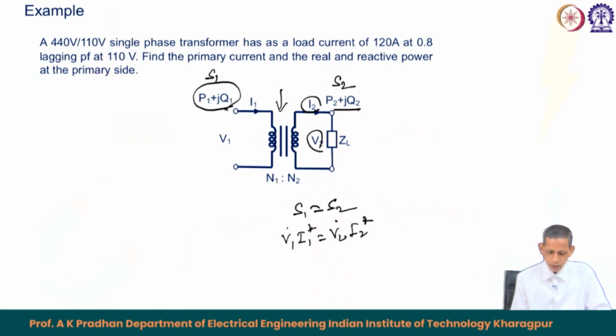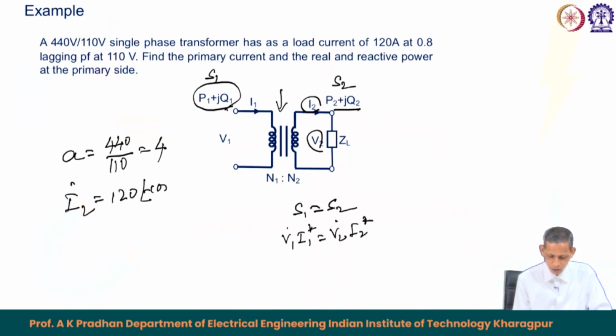So, now we know that we have the corresponding transformer turns ratio. So, from the voltage transformer ratio also, a equals 440 upon 110. So, this equals 4. Now, we have I2 as already mentioned, I2 equals 120 with an angle of minus cos inverse 0.8, and for the corresponding I1 we know N1 I1 equals N2 I2. So, I1 phasor equals N2 by N1 times I2.